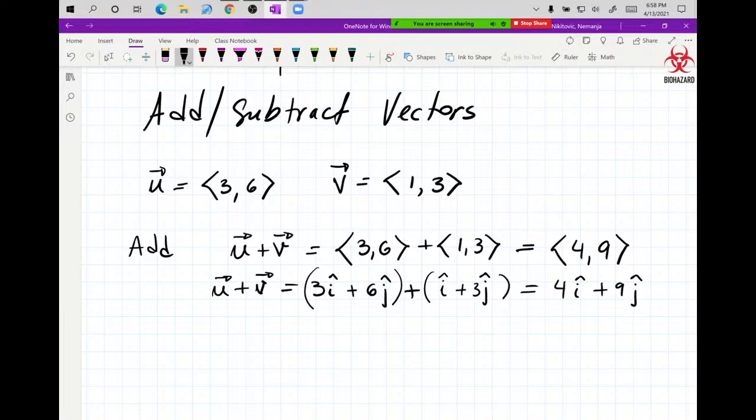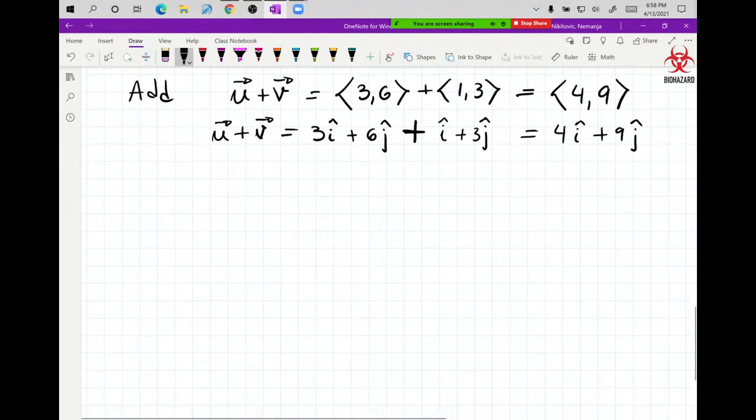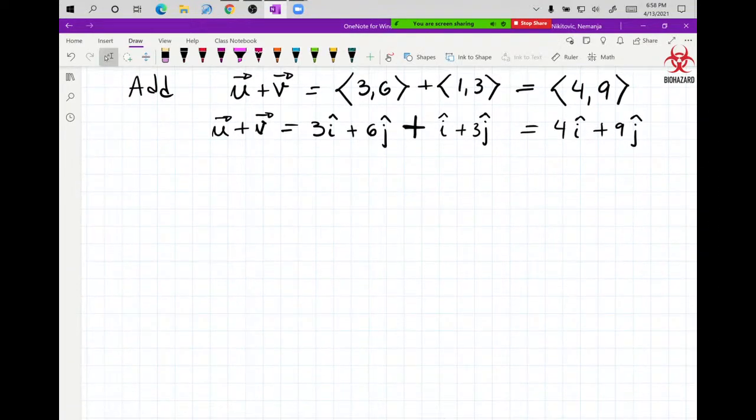We don't need these parentheses in the front. I just wanted to make sure that you see the first and the second vector, and then this is the main plus in between the two. And subtraction is going to work the same way. But let's add them graphically. This is the interesting part.